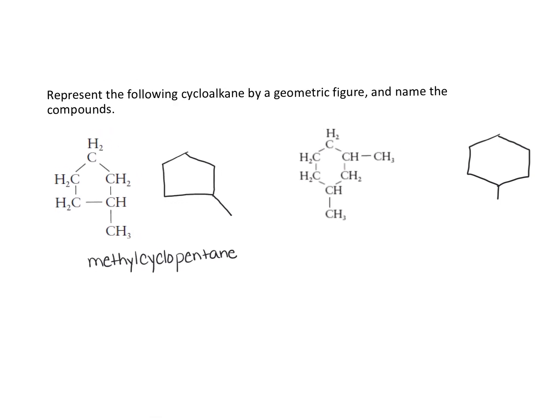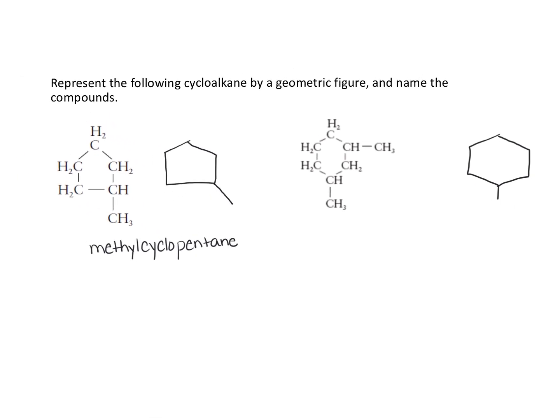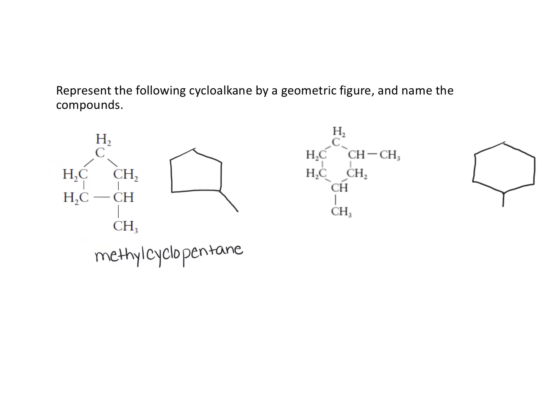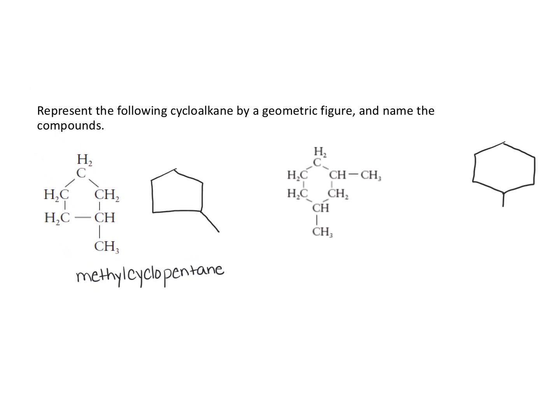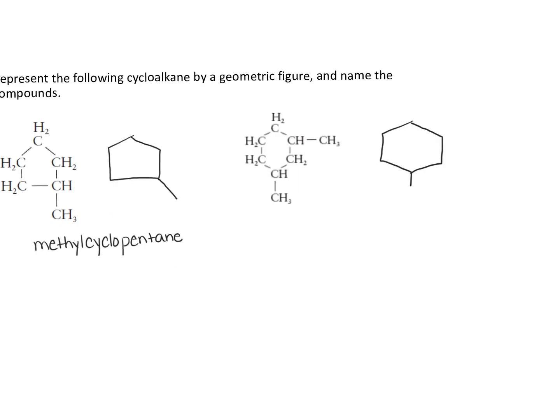And then we are also going to put a CH3 right here. So now we have two CH3s, and they're 1, 2, 3. That's the positioning there. And so we would name this 1,3-dimethyl cyclohexane.